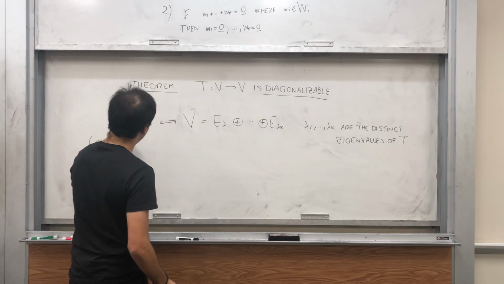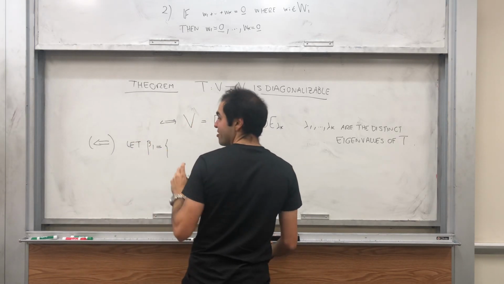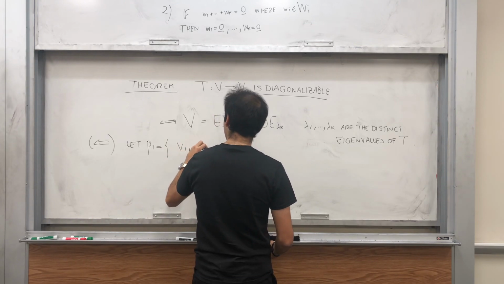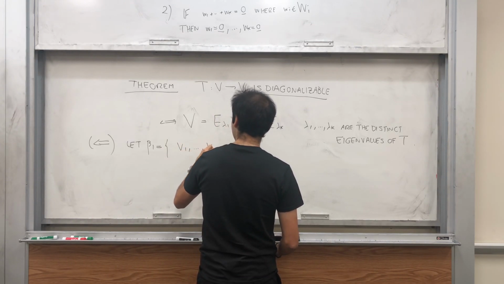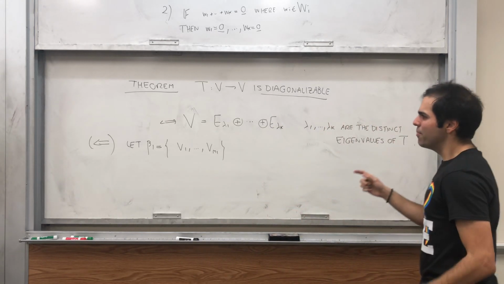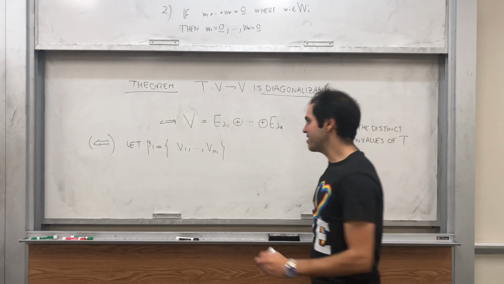So let beta 1, and again there's a lot of notation, so we want to say v11 up to v1m1, where m1 is the multiplicity of the eigenvalue, but because we're doing it for each of them, we need an extra index at top.